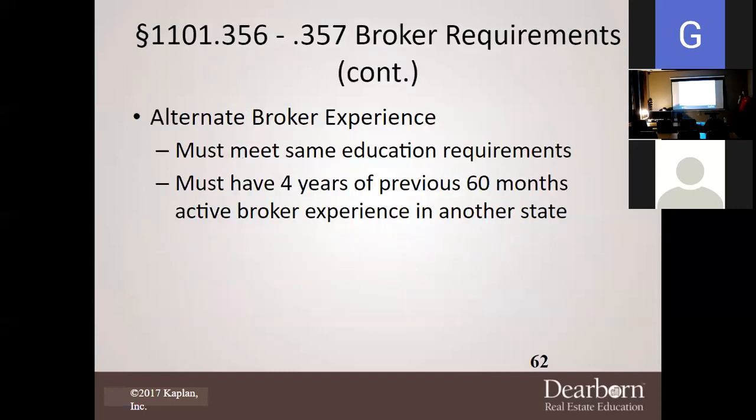Now, for the alternative broker experience, they must meet the same education requirements and must have 4 years of the previous 60 months of active broker experience in another state. So if Mr. Travis was licensed as a broker in Florida and he moved here, as long as he's been active for 4 years in the other state, he could come over here, meet the same requirements for education, and then get his license. Okay.